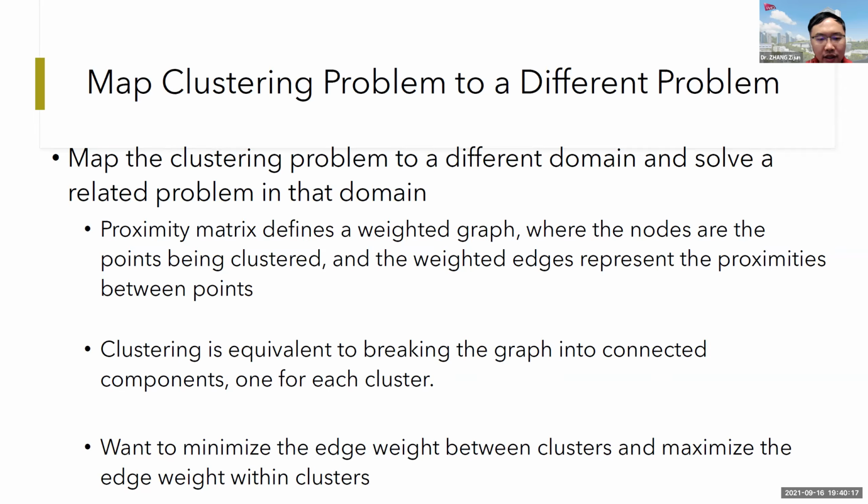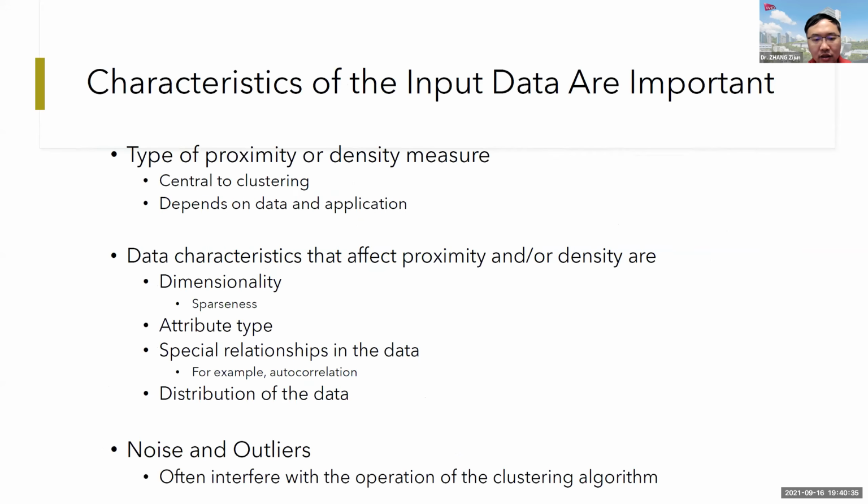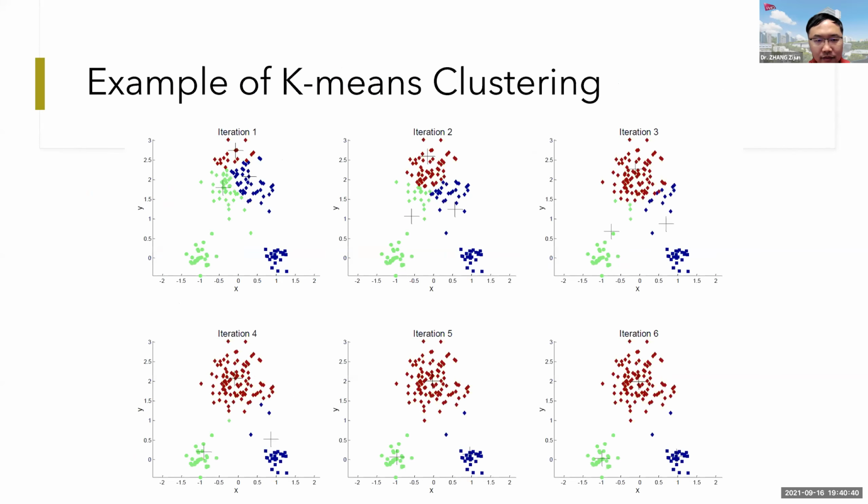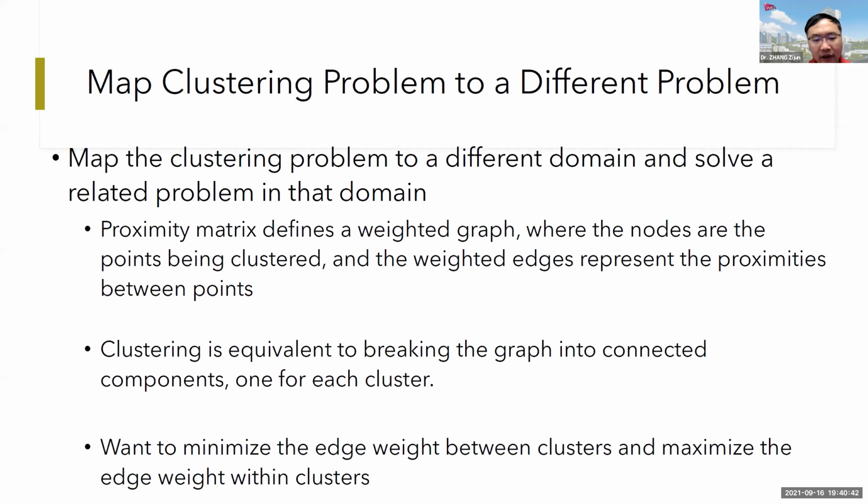And the clustering is equivalent to breaking the graph into connected components. So you have a graph topology. You can chunk the graph connections into different clusters. Okay, and you want to minimize the edge weights between clusters and maximize the edge weights within clusters.